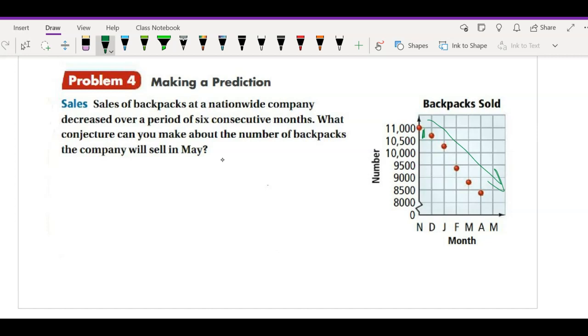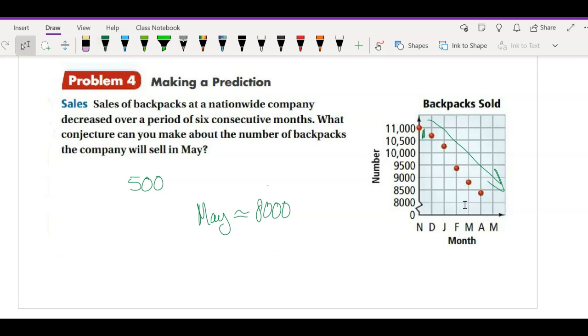So it looks like it's decreasing by approximately 500. So what were the sales in April? If I look over here, April sales are a little less than 8,500. But we're not looking for an exact number. We're just making a conjecture. So if they're decreasing 500 units per month, in May the sales should be around 8,000.